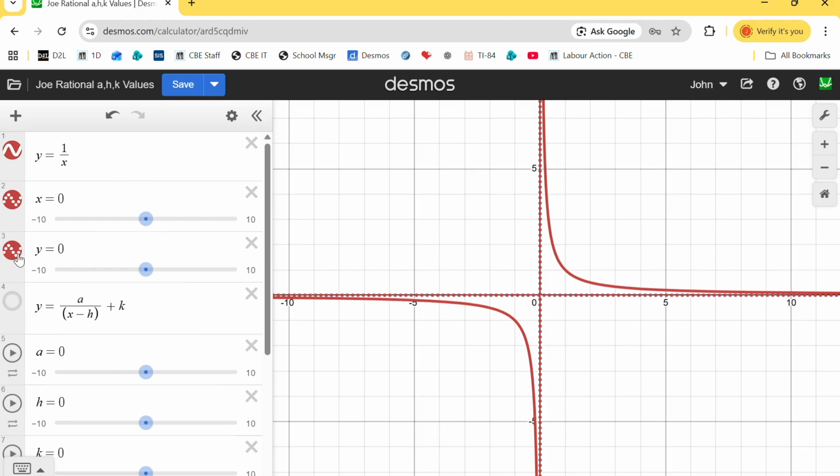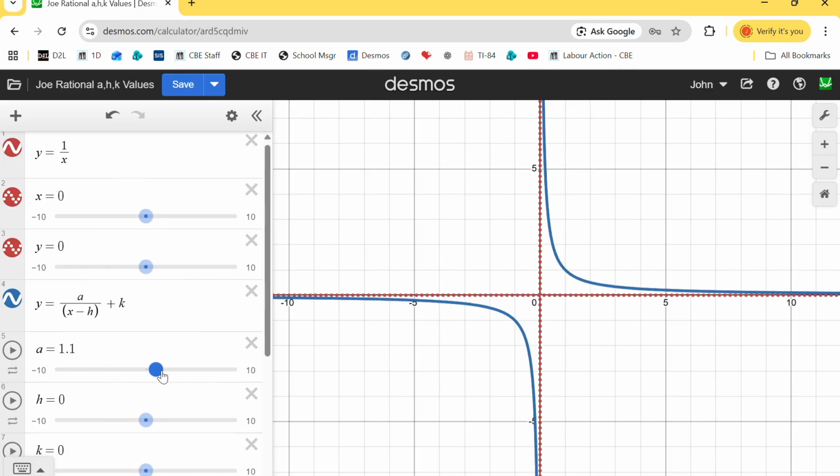Okay, and then we threw in this thing with y equals 5 divided by x minus 3. Okay, so right now, if I make this 1, it matches exactly our graph.